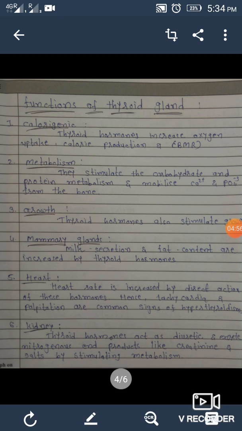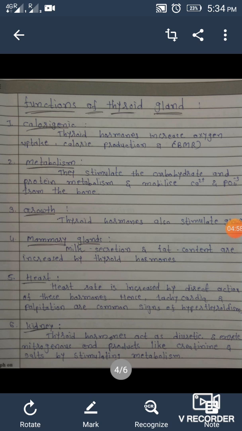It also has an effect on metabolism, which means it will stimulate the metabolism of carbohydrate and protein. It will stimulate growth. And if we talk about mammary glands, then it will increase the milk secretion and fat contents are increased.